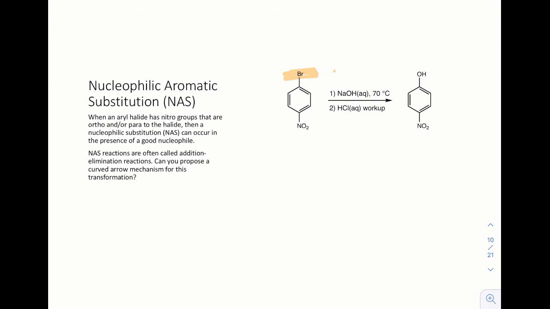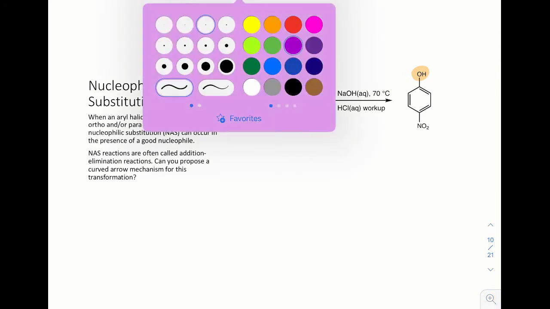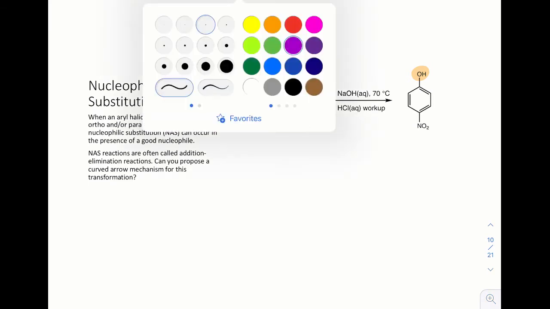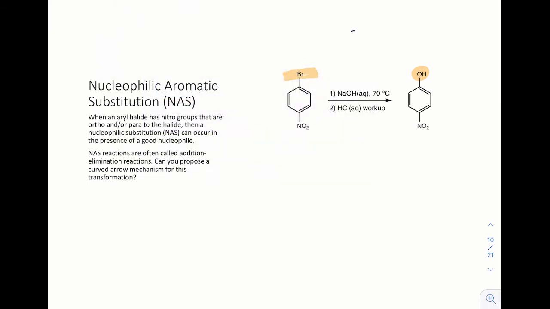In fact, when para-bromonitrobenzene is treated with sodium hydroxide at elevated temperatures, a substitution certainly happens, and after workup, this nitrophenol is isolated. Can you propose a curved arrow mechanism for this transformation? It is clearly a substitution reaction.